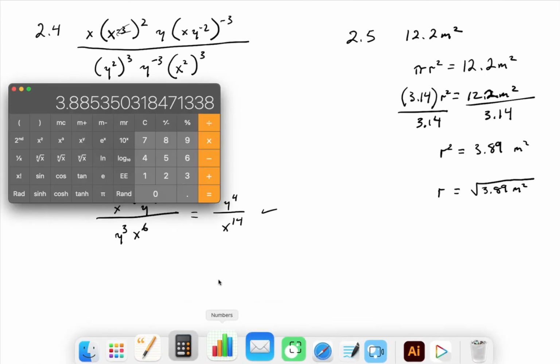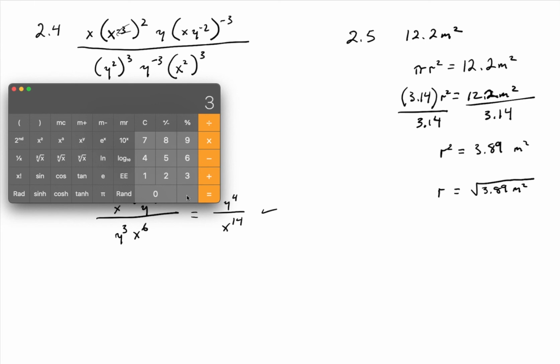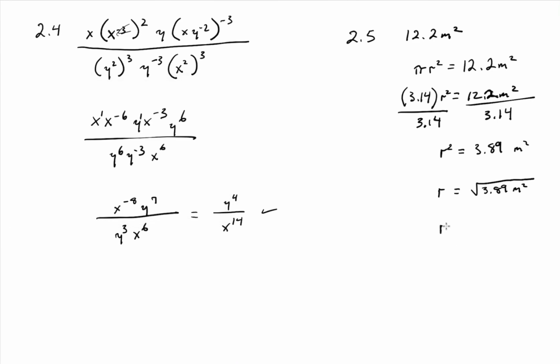We pull this up, and let's do 3.89 square root of, it's going to be 1.97 because this 2 doesn't round up. So the radius is approximately 1.97 meters.